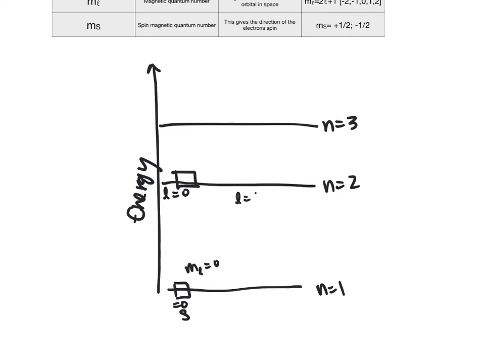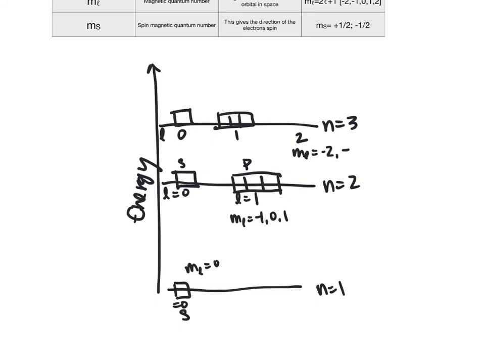We also have L equals 1, which is our p orbital. In this case, m sub L equals -1, 0, and 1, which tells us that there are 3 p orbitals. In the n equals 3 state, we have L equals 0, 1, and 2. For the s orbital, this looks the same, and so does the p, but for L equals 2, m sub L equals -2, -1, 0, 1, and 2.